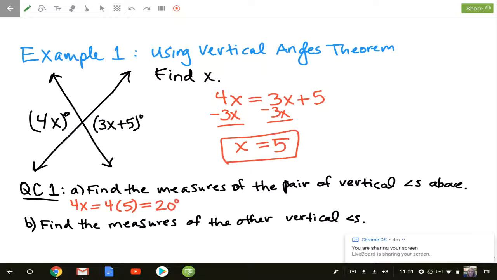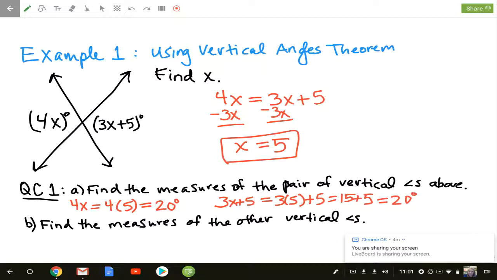Now clearly my drawing is not to scale. Now if I've done everything right, when I plug this into 3x plus 5, I should get the same answer because they're supposed to be congruent. So 3x plus 5 equals 3 times 5 plus 5, which is 15 plus 5, and that is also 20.